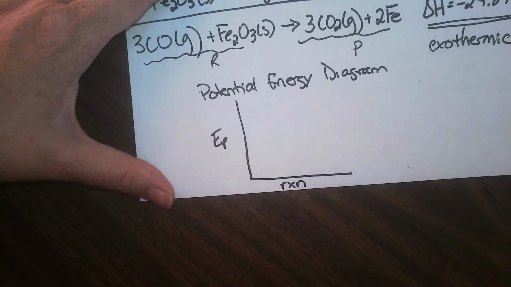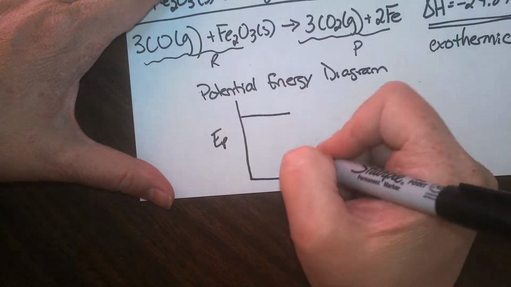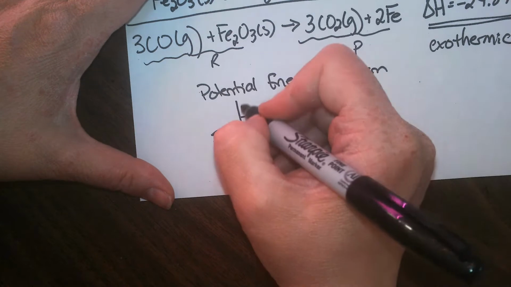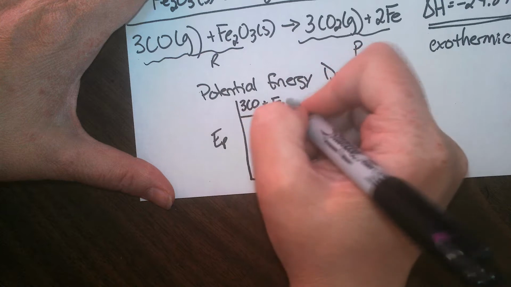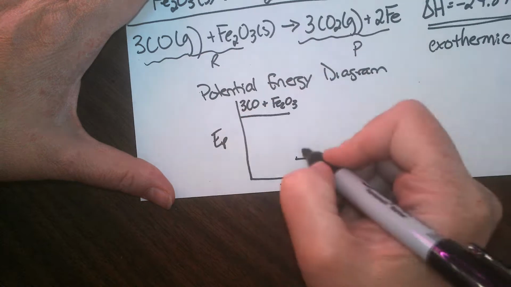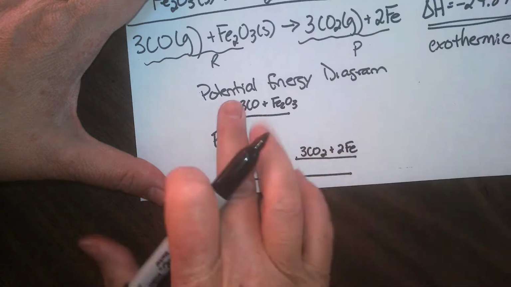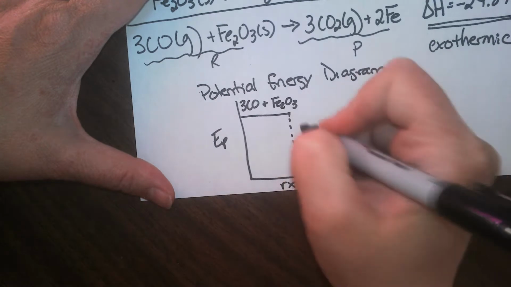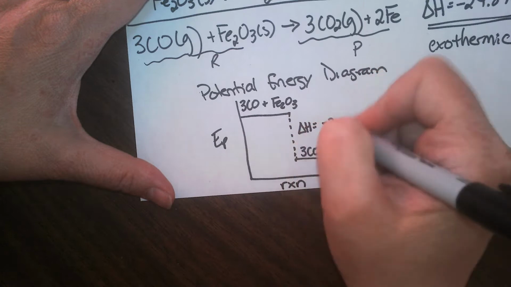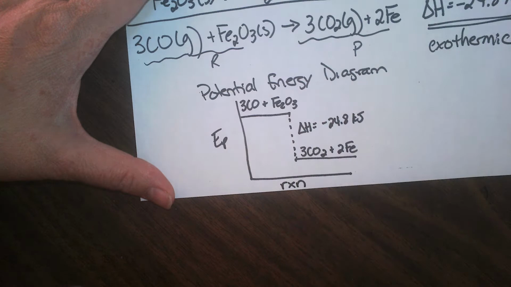And is exothermic a step up or a step down? Step down, which means that I can put 3 COs plus Fe2O3 here, and I can put 3 CO2s and 2 Fe's here because these are reactants and these are the products. And this change between the two is negative 24.8.